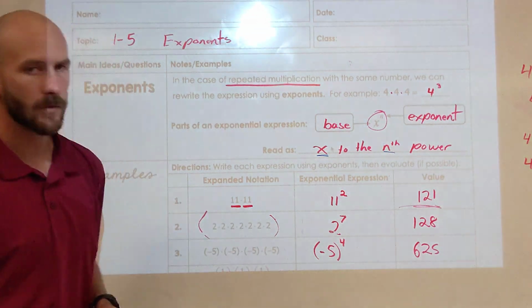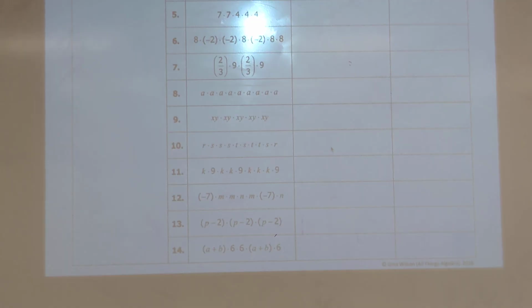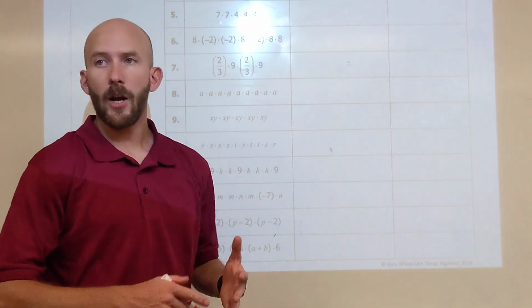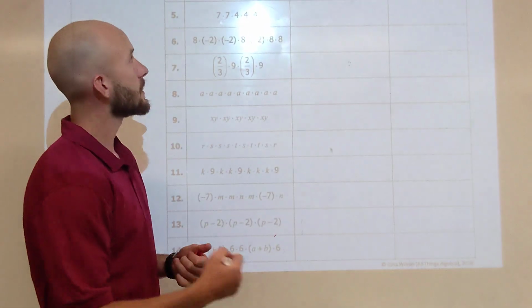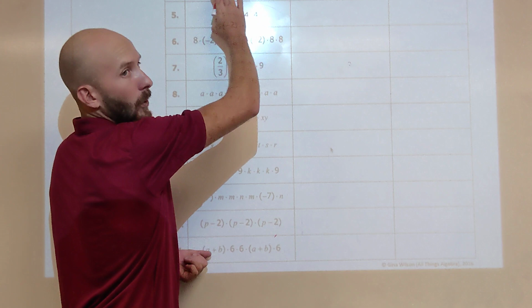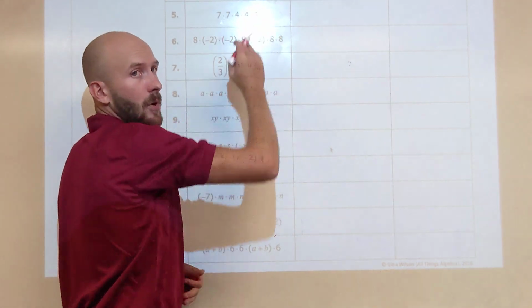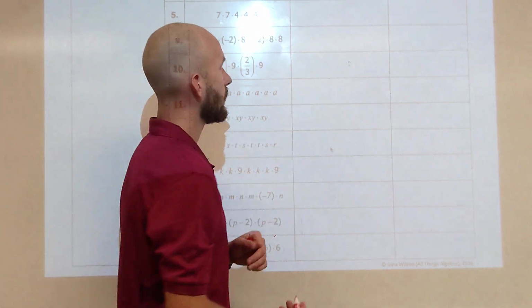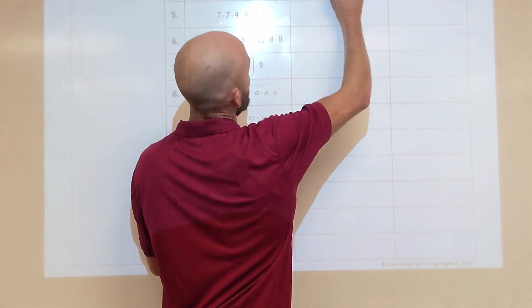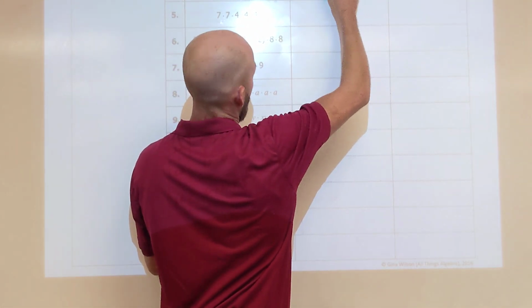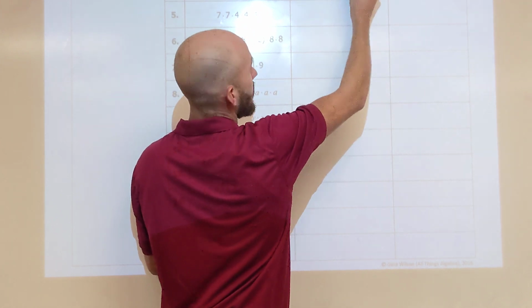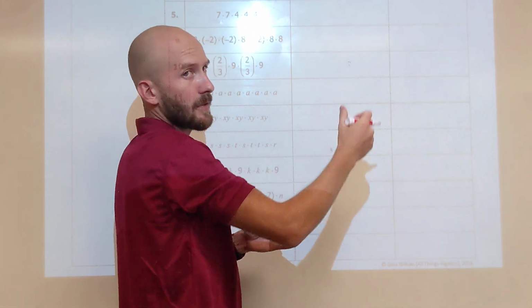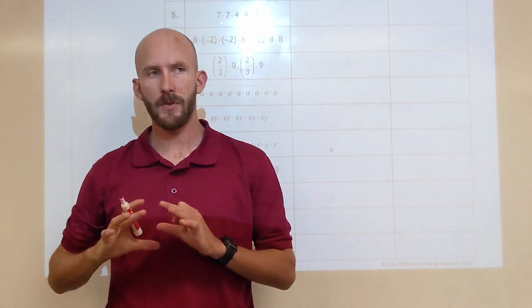All right, good deal. Now we're going to talk about fractions, and the concept stays the same. This is 1/4 times 1/4 times 1/4, so what would my base be? 1/4. And what would my exponent be? 3. With fractions, just like negatives, I want you to put the whole fraction in parentheses.